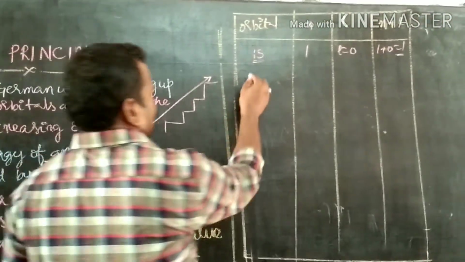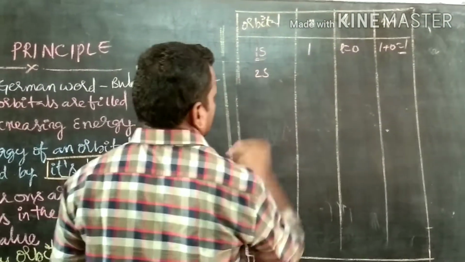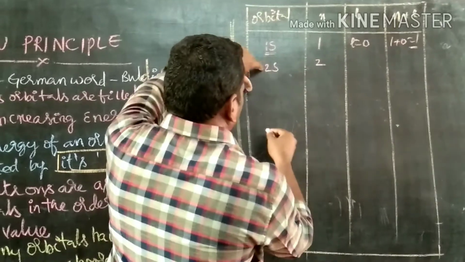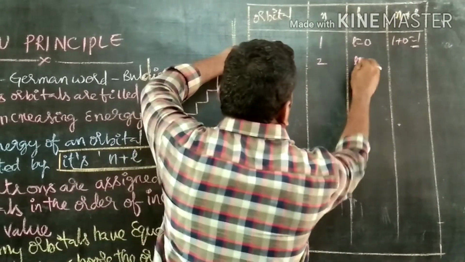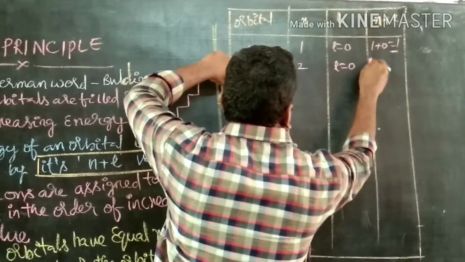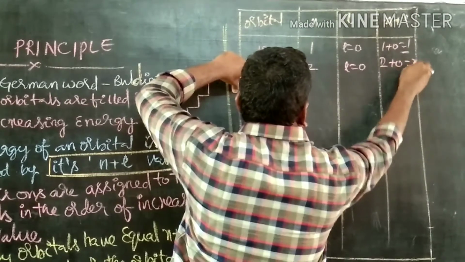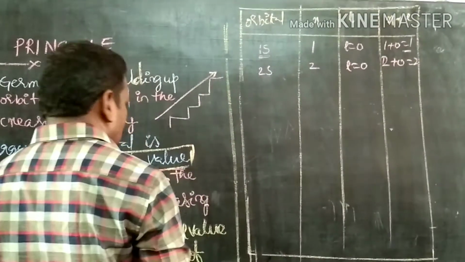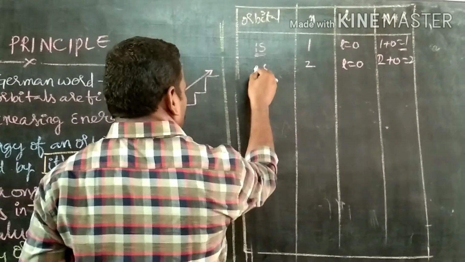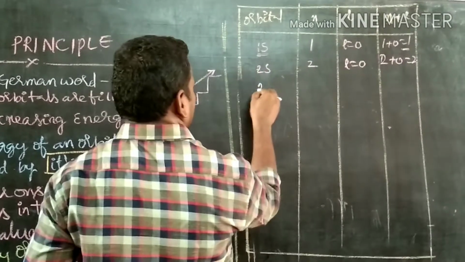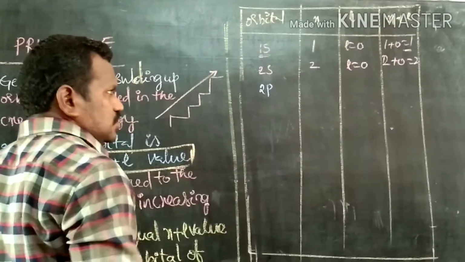Let us take one more example, that is 2s. Here, n is equal to 2. For s, l is equal to 0. Now it becomes 2 plus 0, that is equal to 2. Now, main level 2 contains one more sublevel, that is p, represented as 2p.